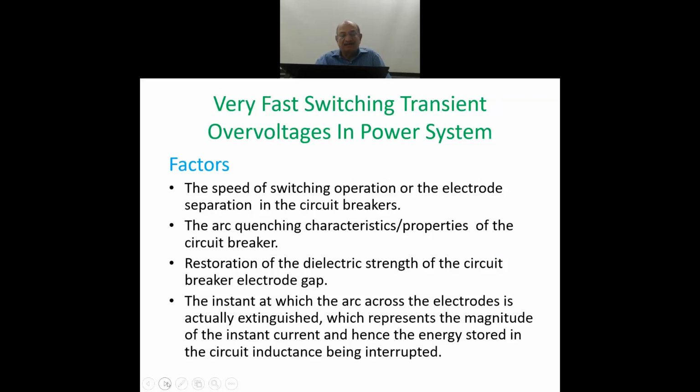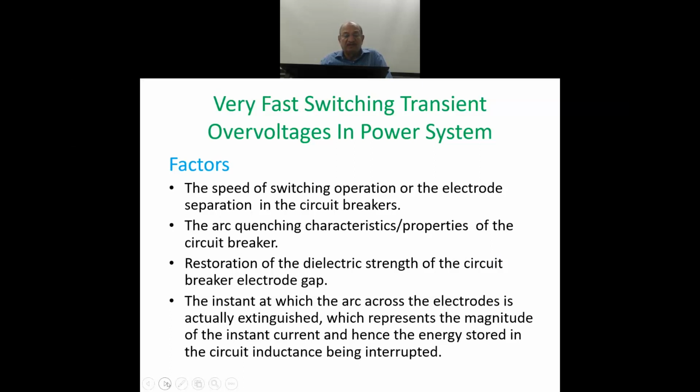So under that condition, the over voltage across the 2 points of the circuit breaker is also of very high magnitude. In that condition, the circuit breaker may try to let the current flow because of the high potential across the 2 electrodes in the circuit breaker.